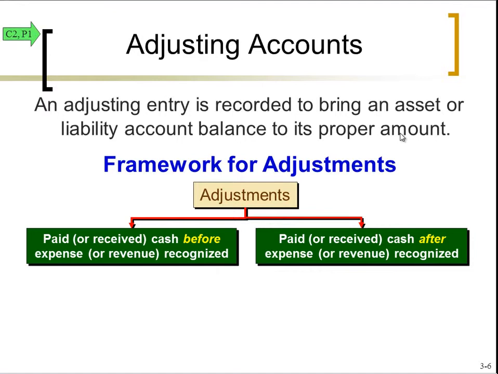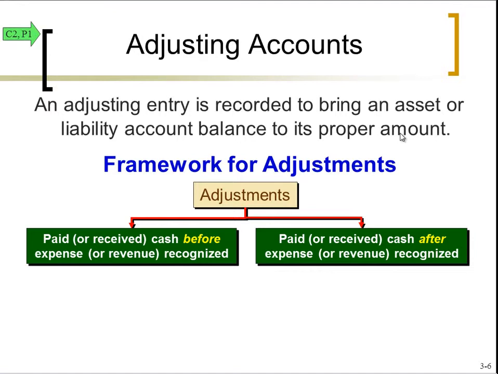So the cash changed hands now, early, and we have to record the cash transaction, but we can't record the revenue or expense yet because we haven't earned the revenue, we haven't incurred the expense. So here with a deferral, the cash is changing hands first, and we will have that journal entry. That part is not the adjusting entry. It's later on when we do earn it or incur it that we have to adjust those balances.